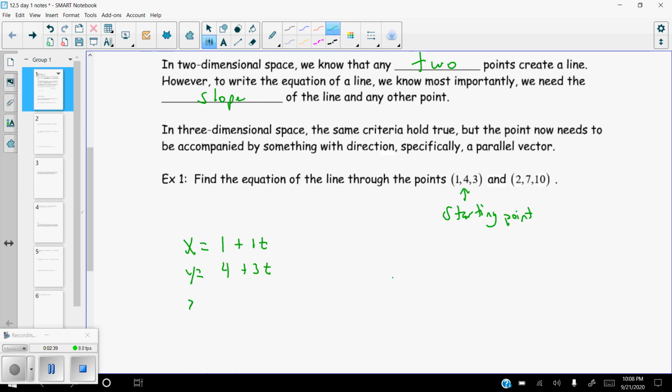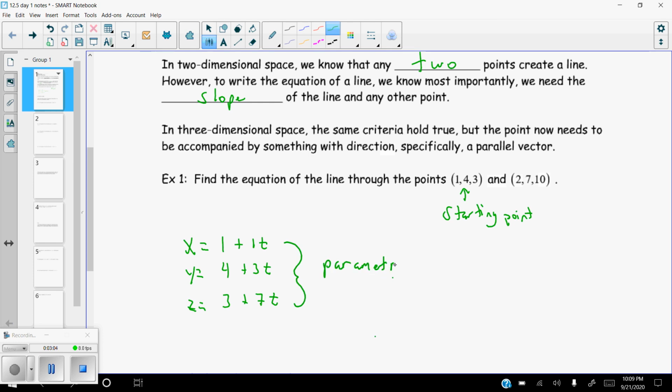And then the z part starts at 3 and goes to 10, so it changes by 7. So each one of these things is written in what would normally look like your standard y equals mx plus b type form. This is what is called the parametric form of a line. We had to do it parametrically.